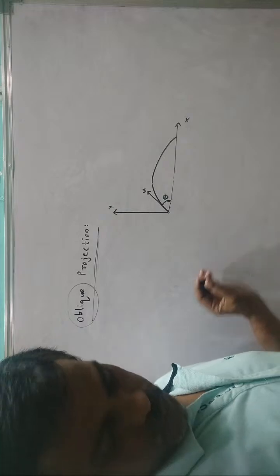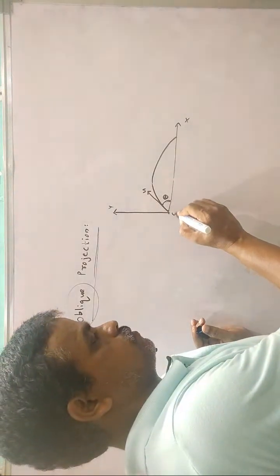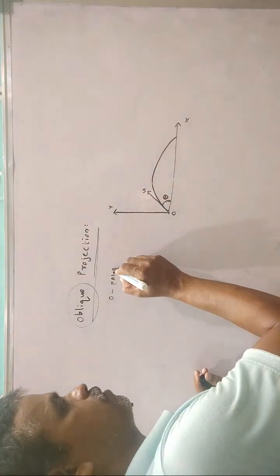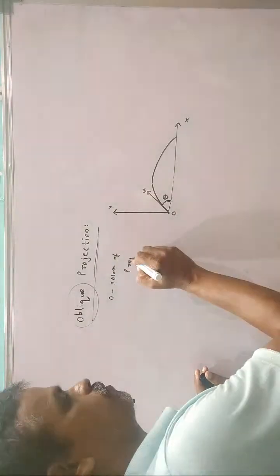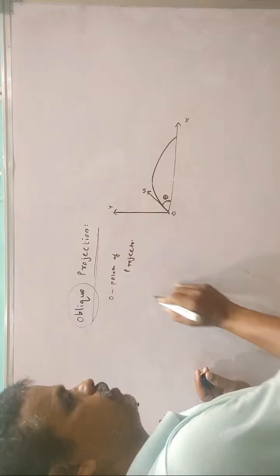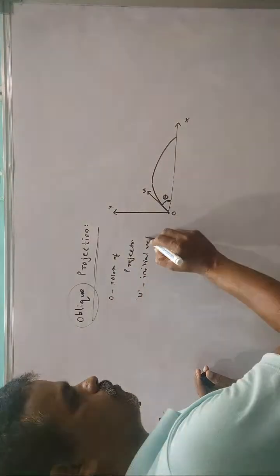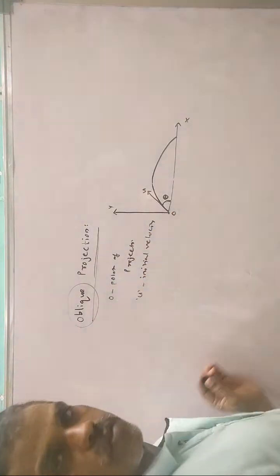So here O is the point of projection, and u is the initial velocity. Just copy it.